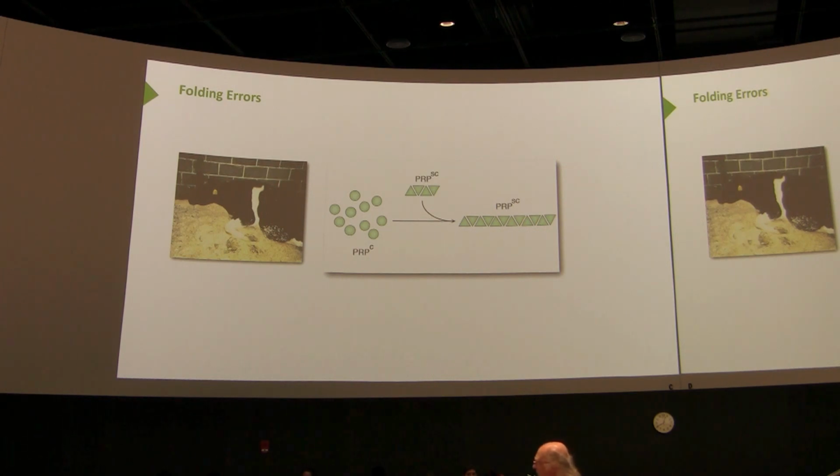Creutzfeldt-Jakob disease also involves the same protein. It involves misfolding. There's speculation, can a person get Creutzfeldt-Jakob by eating mad cow protein? We don't know the answer to that. There was a period in England in the late 1980s where there was a large incidence of mad cow disease, and the beef supply was not screened very well.